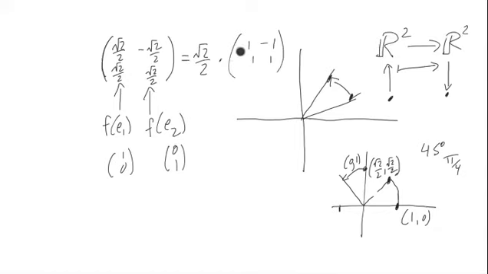Now remember that matrices are functions, and functions in and of themselves that have an output as a vector space can themselves be thought of as a vector space under addition and scalar multiplication. This is a scalar multiplication just being factored out of it, and that's perfectly fine because matrices themselves can be thought of as vectors.